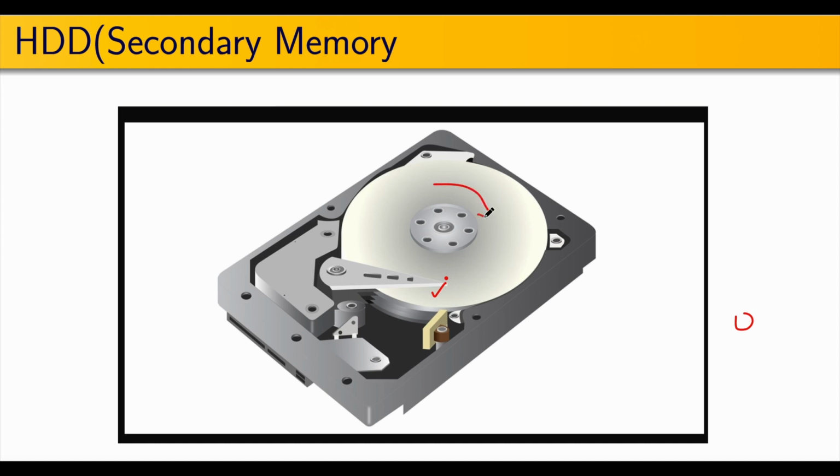It's a magnetic disk and it is spinning very fast. And the actuator moves along this disk where it wants to go and reads or writes the information and sends it. This is also called the secondary memory. The main memory is the RAM.